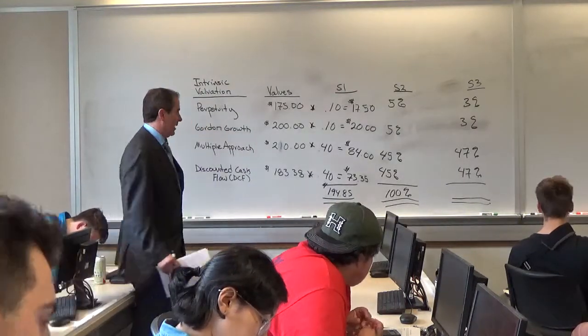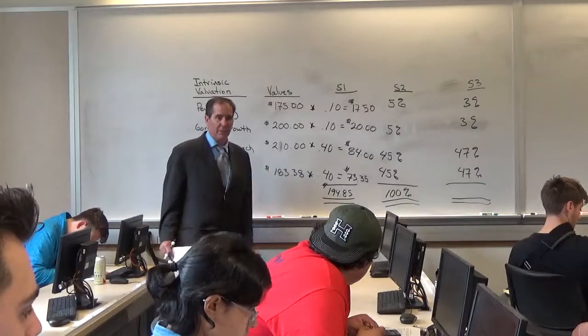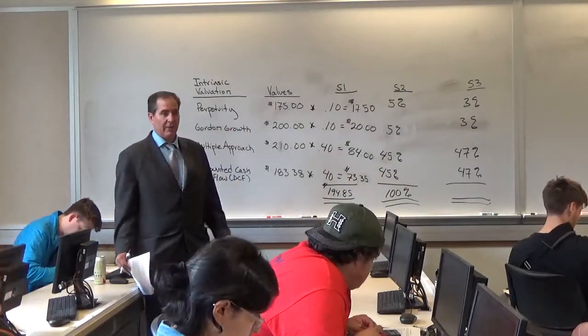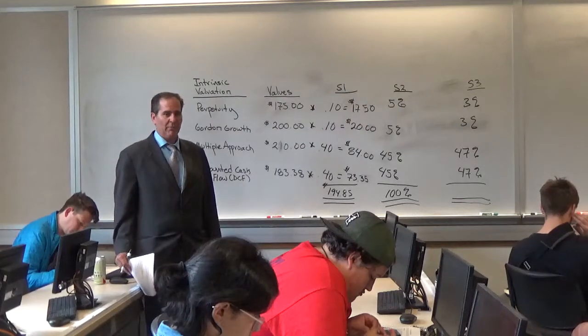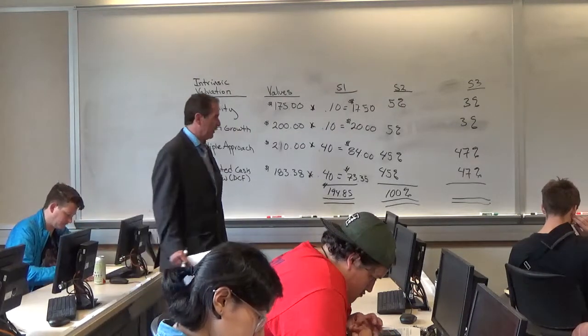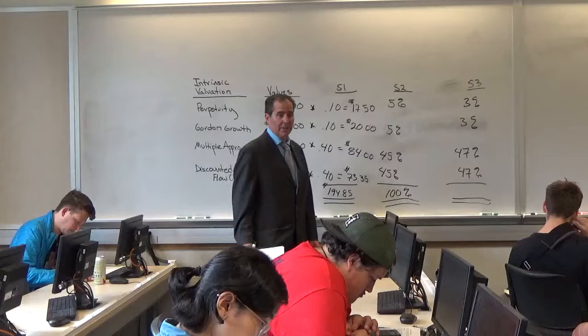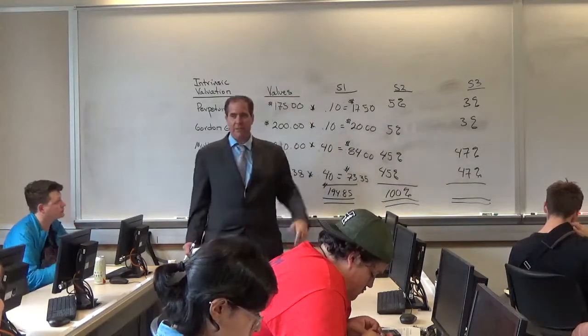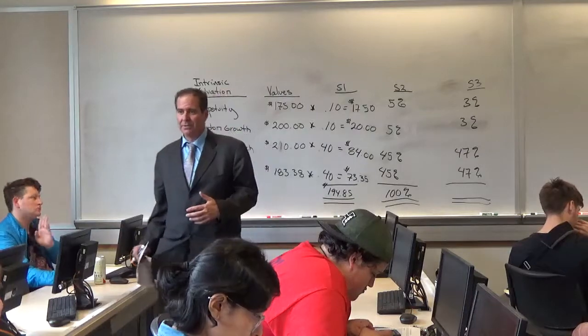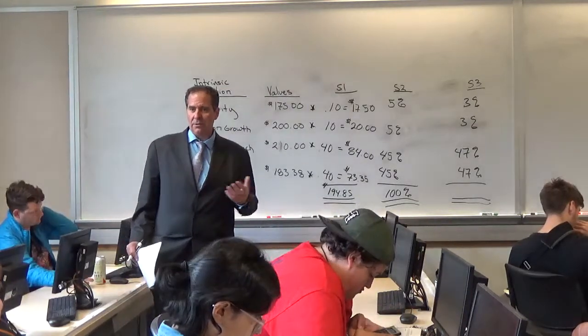And it really boils down to, how much weight do you want to give perpetuity and Gordon growth? If you think perpetuity and Gordon growth has information in it, then you would weight it more. If you think perpetuity and Gordon growth doesn't give you enough information, then you would weight them less. So it's really up to you to decide. You weight them less, you weight them more, or somewhere in between.